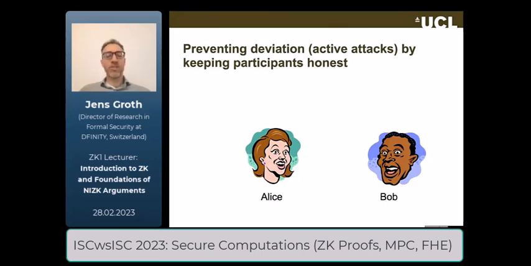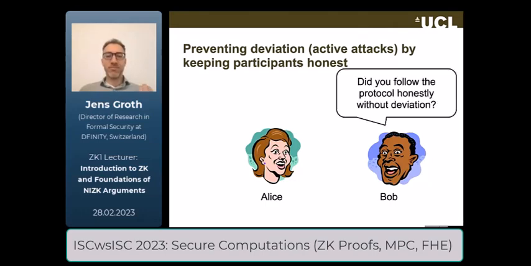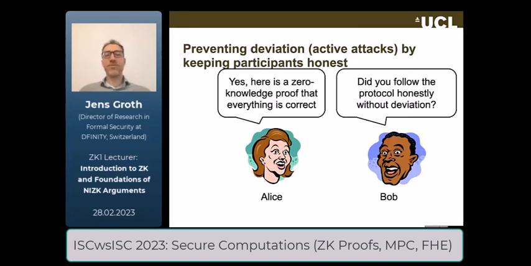And zero knowledge proofs can be used to prevent active attacks, because you can prove to the rest of the protocol participants that you have actually followed the protocol. And because of the zero knowledge property, you're not revealing any confidential data when you're giving that proof. You're only saying, I'm following the protocol, but you're not revealing anything else. So that's why zero knowledge proofs, conceptually speaking, are super powerful and very useful.